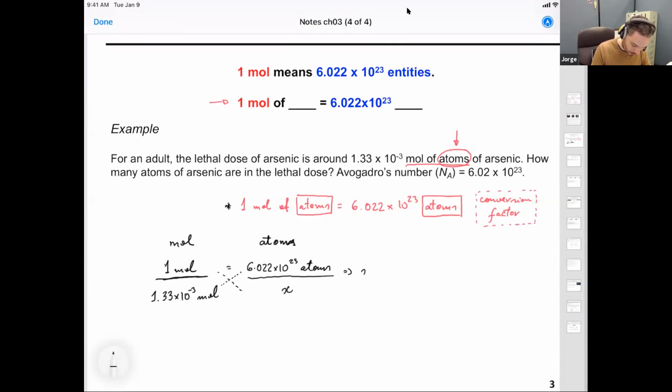So this will be x, x times 1 mole equals 6.022 times 10 to the 23rd atoms times 1.33 times 10 to the minus 3 mole.